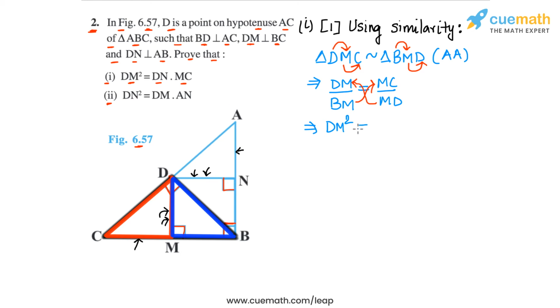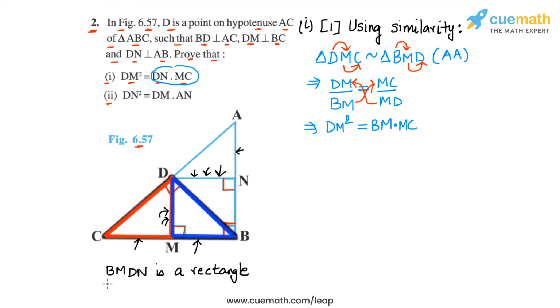Okay, BM into MC, but what we really wanted was DN into MC. If you compare DN and BM, you can immediately see that they are equal. Why? Simply because the quadrilateral BMDN is a rectangle, as all the angles of this quadrilateral are 90 degrees.